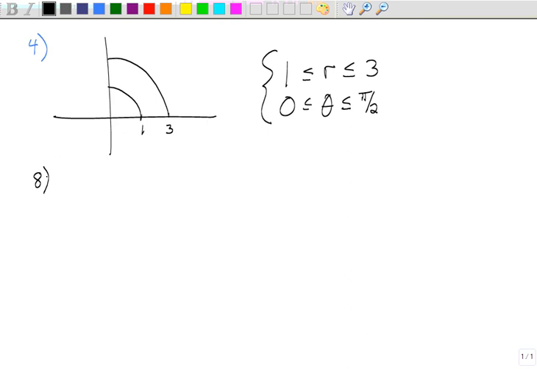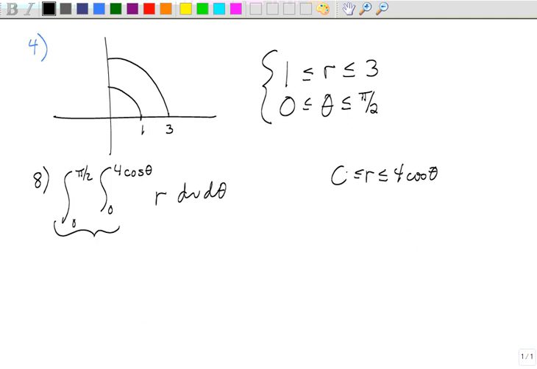Number 8, I have 0 to pi over 2, 0 to 4 cosine theta, r dr d theta. So sketch the region whose area is given. So I need r to be between 4 cosine theta and 0, and theta to be between pi over 2 and 0.